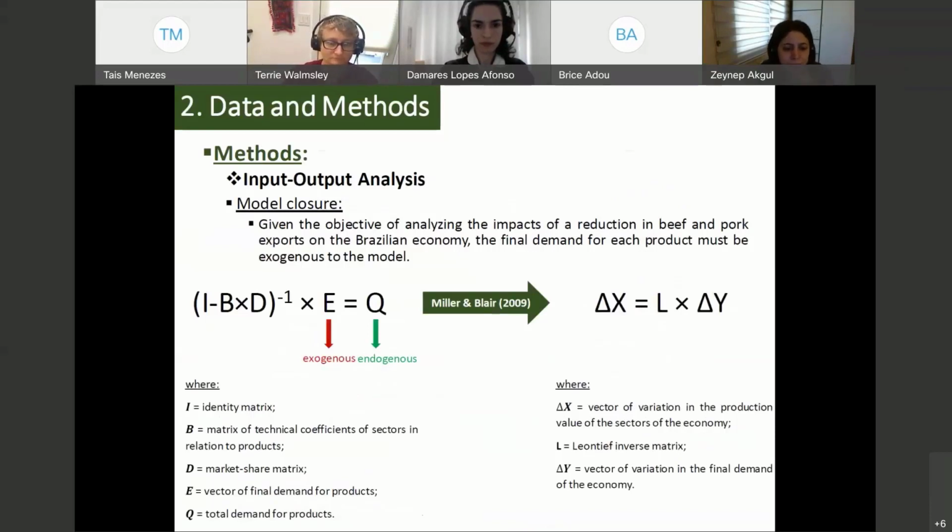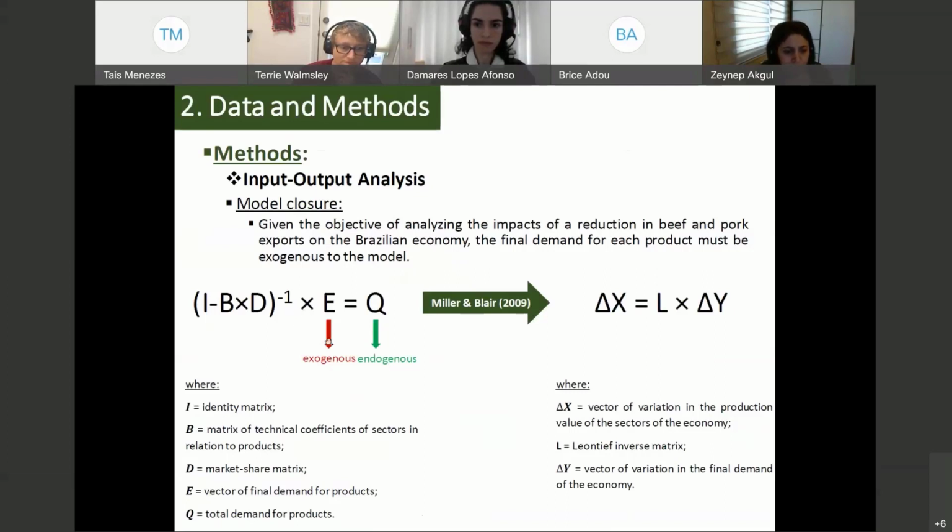So this paper is based on the instructions of Miller and Blair to build and analyze the input-output model for the Brazilian economy. Given the objective of analyzing the impacts of a reduction in beef and pork exports on the Brazilian economy, the final demand for each product was considered exogenous to the model.